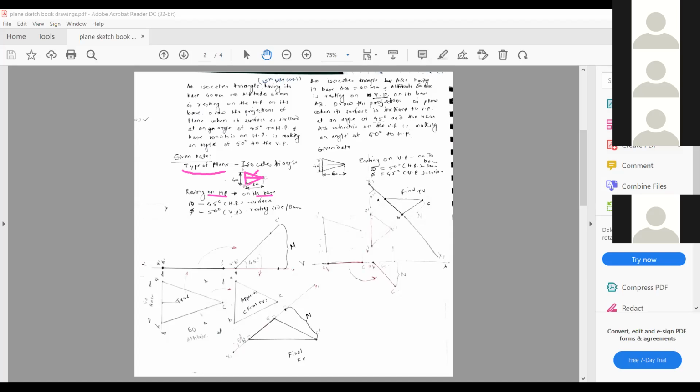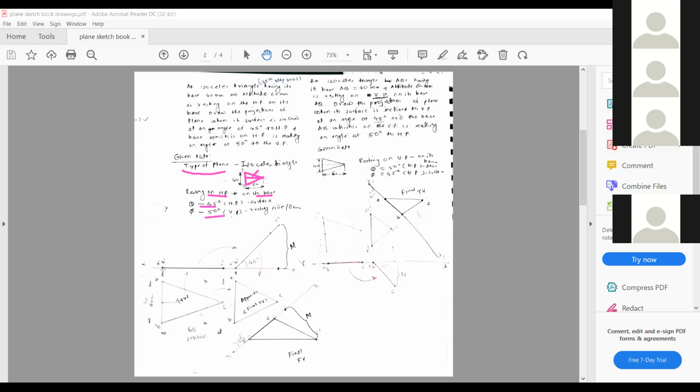So obviously, while getting the true shape in the final stage, you have to take the resting side AB on the left side, not this corner. You can't take this corner on the left side, right? Because it is resting on its base, right? And its surface is making an inclination of 45 degree and the resting side 50 degree. Okay, so let's start with the solution. I will give the quick solution for this one.